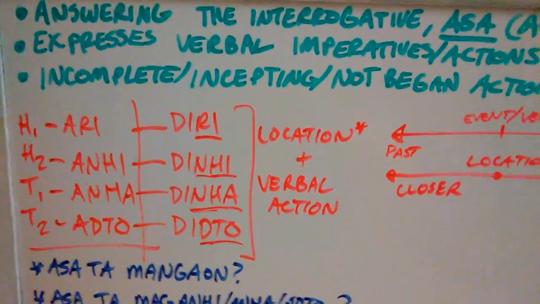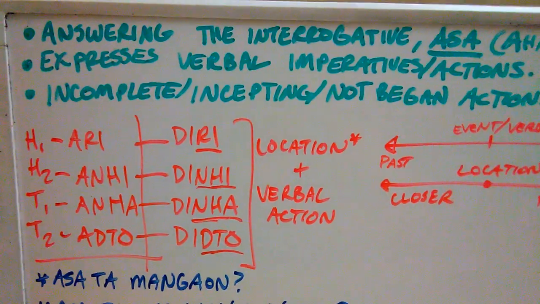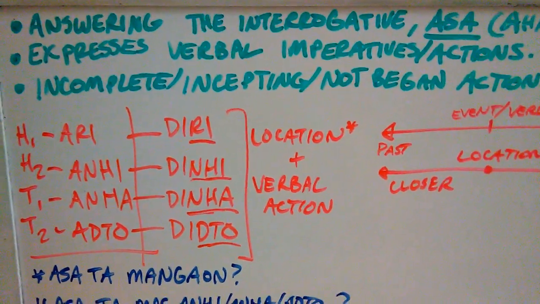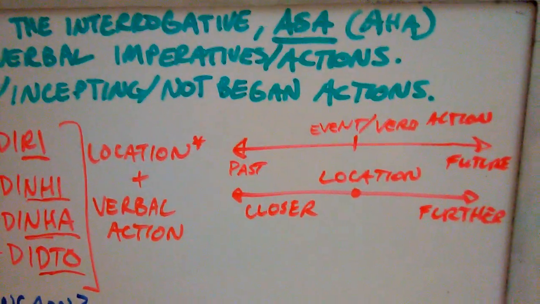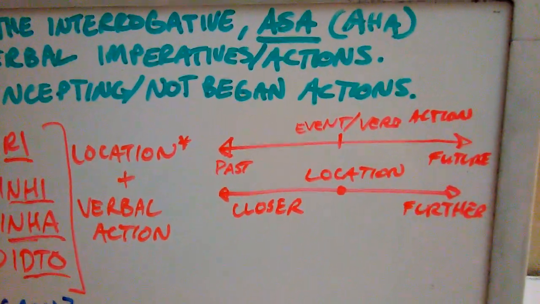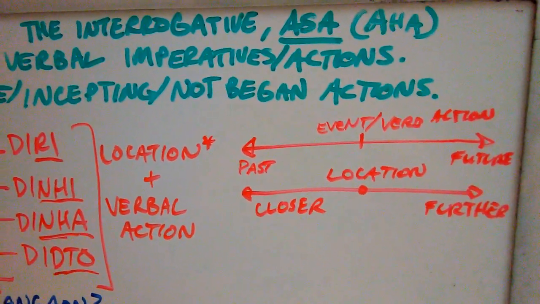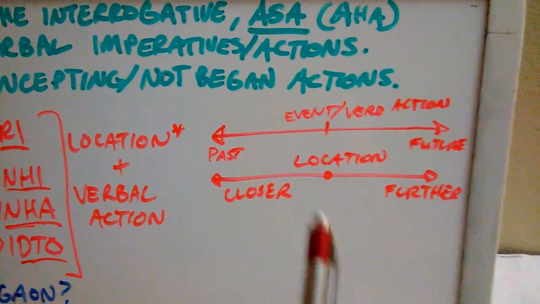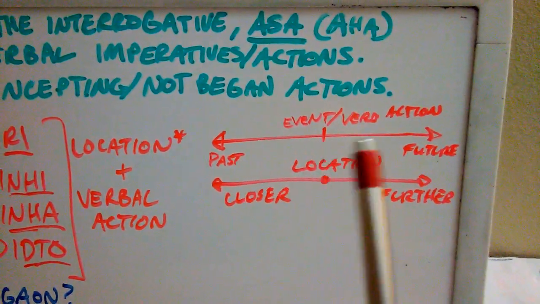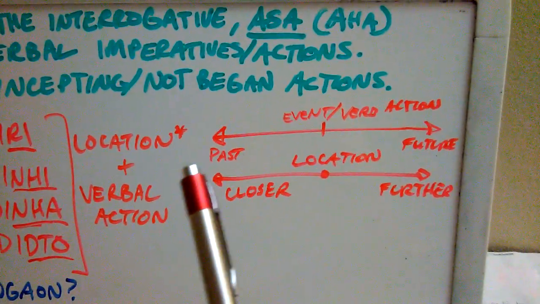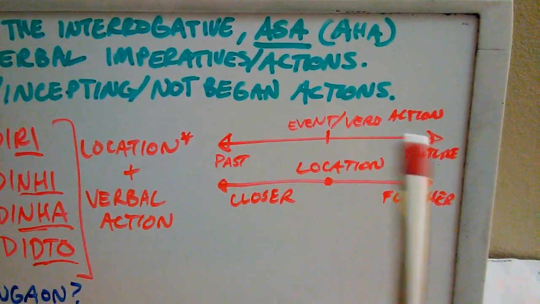And again, that's what makes these verbs of motion special, because they can be used in combination with the location, distance, existence words. This timeline here can kind of show you the perspective, right? And again, this all goes down to Einstein's relativity theory, the general relativity and space-time concept. If you understand that well, you can understand these timelines well, right? The first we have is our event or verbal action, whether it was already completed or hasn't completed yet or will be going. It's a progressive spectrum.